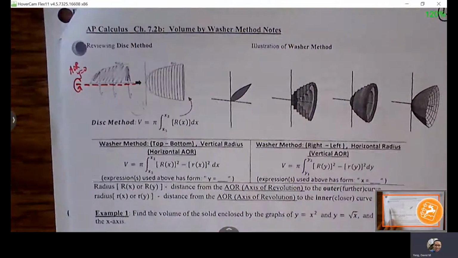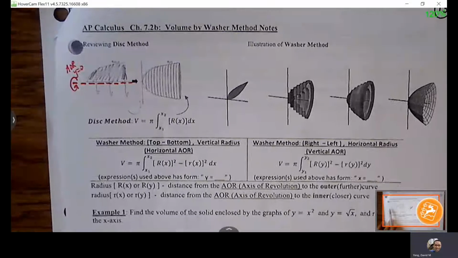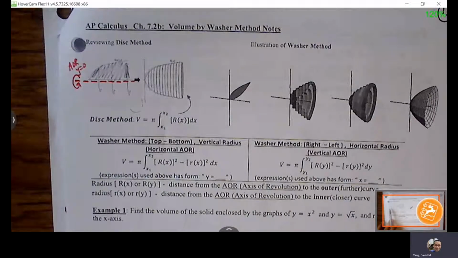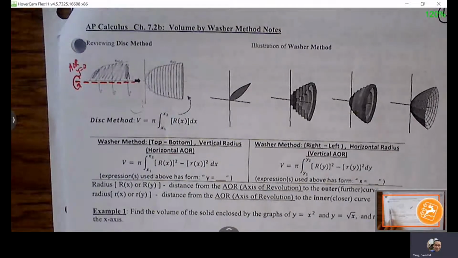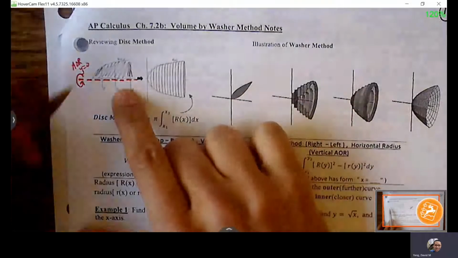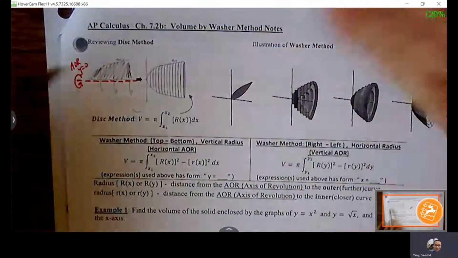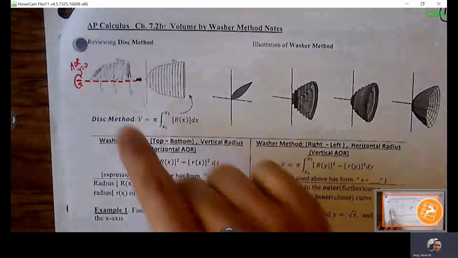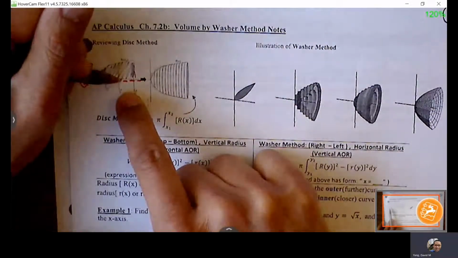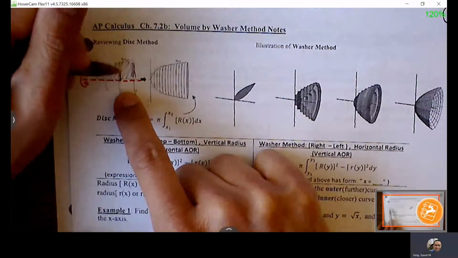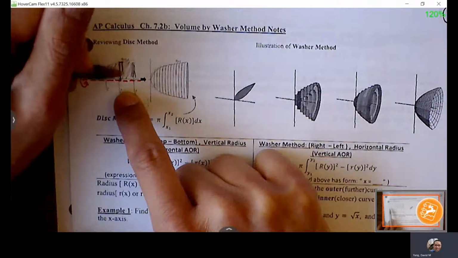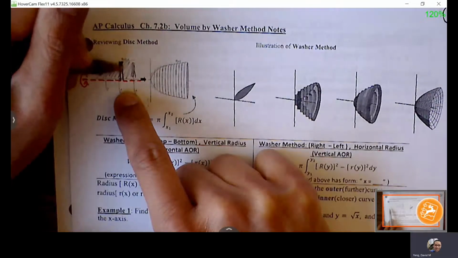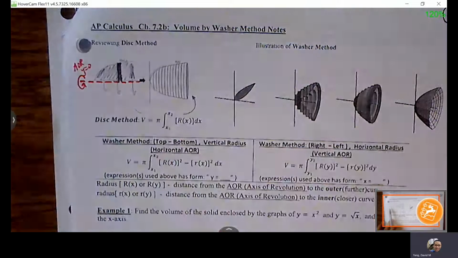We're rotating that 2-dimensional figure around the axis of revolution. And we know that the shape that's created are these circular disks. And we know that we have to draw a radius, right? Radius extends from the axis to the boundary of our shaded region.